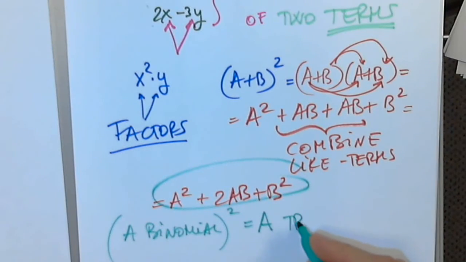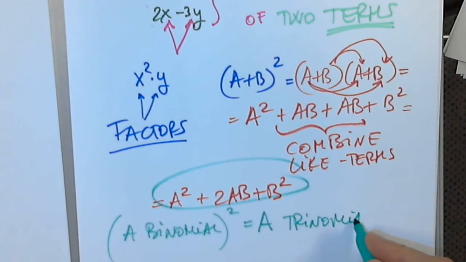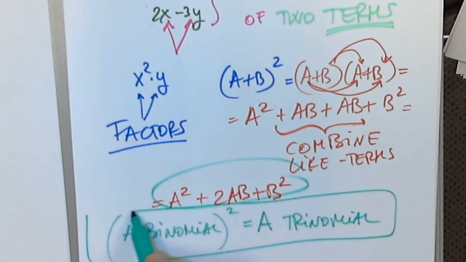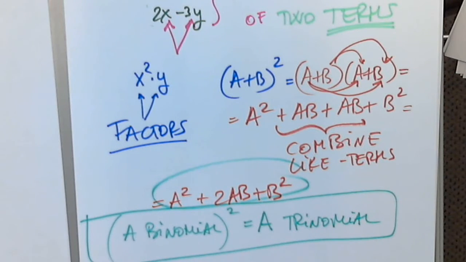Very good. So this is a key concept that I would put in my tiny little notebook that I would look at before I fall asleep, or before I come to class, or every weekend, or whatever. Okay? A binomial squared is a trinomial.